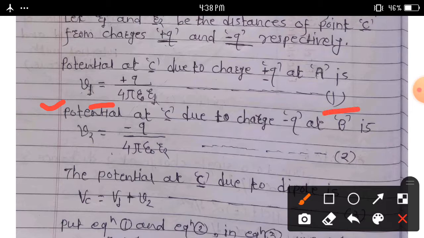Then the potential at C due to charge minus q at B is V2 is equal to minus q upon 4 pi epsilon naught into r2. Consider equation second.